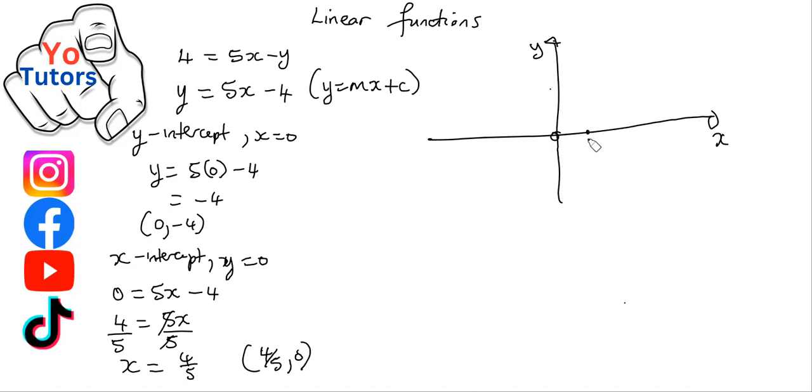When you're sketching, you just need to put the exact coordinate. And in terms of y, it's negative 4, so we can put our negative 4 here. There's no need for you to put negative 1, negative 2. Then here we just connect with a straight line.